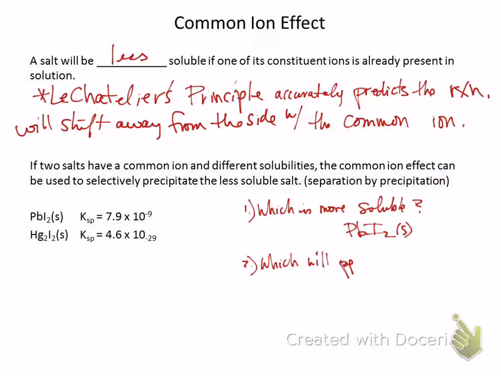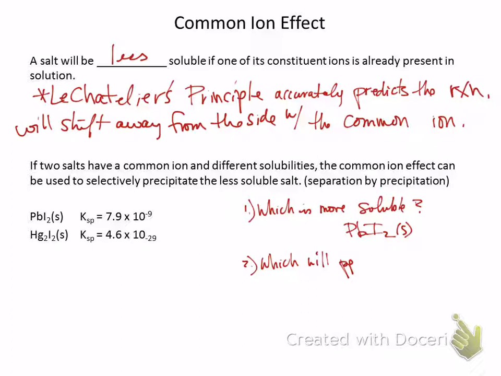The first thing that we need to do to try and assess selective precipitation here would be identifying which of the two salts is more and which one is less soluble. In this particular case, we can look at the Ksp values. These, remember, are the solubility constants. And so we see that the two of them have drastically different solubility constants.